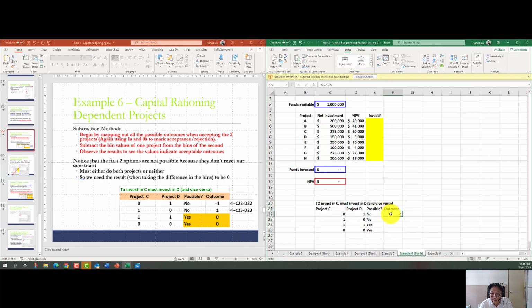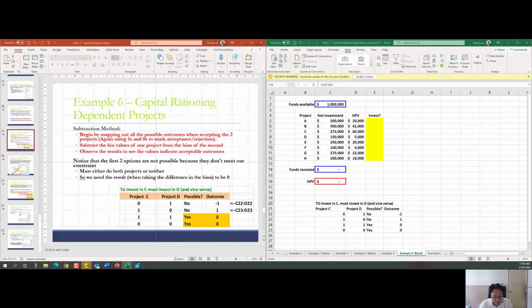So we have the subtraction method, keeping everything consistent at D24, D25, D23. We need to make sure that the result here has to be 0.